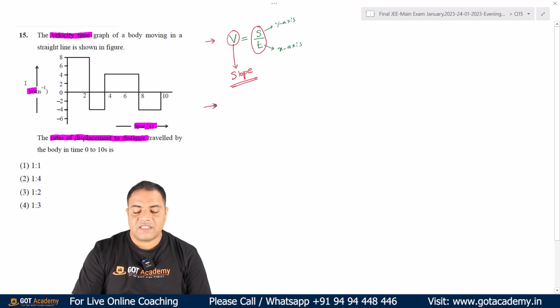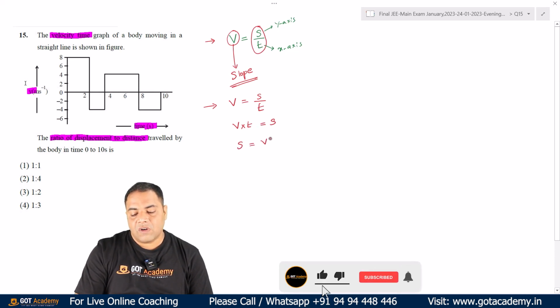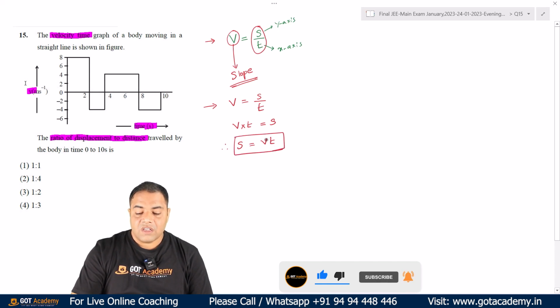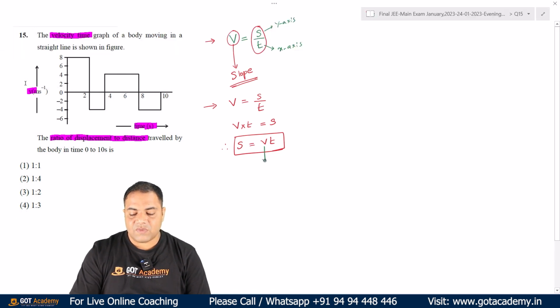The second thing I wish to say is that since velocity is equal to displacement by time, move this t to the other side. So velocity into time is equal to displacement. So I could write s is equal to v into t. Suppose the y-axis contains velocity v and the x-axis contains time t.